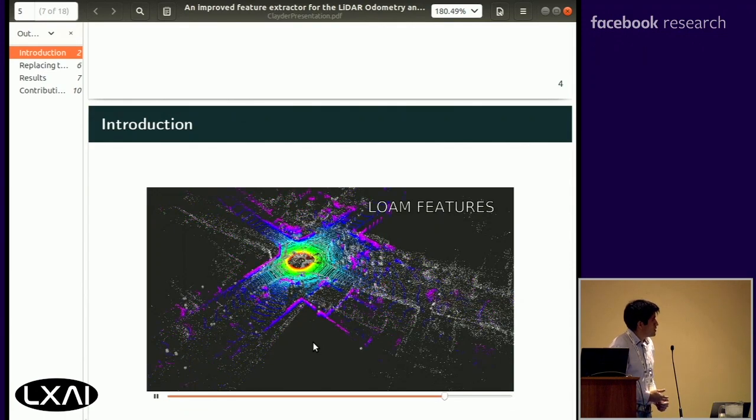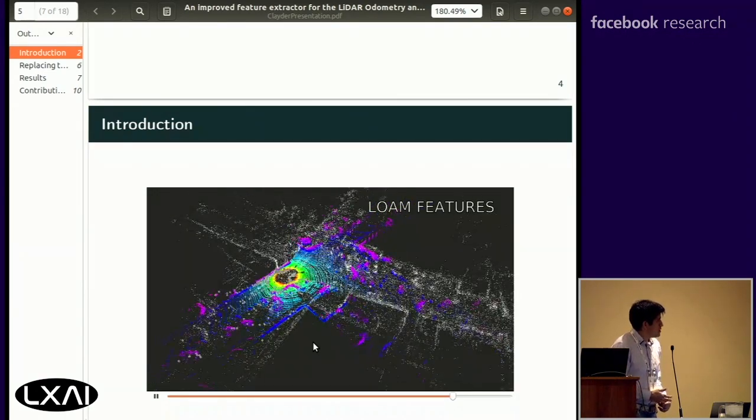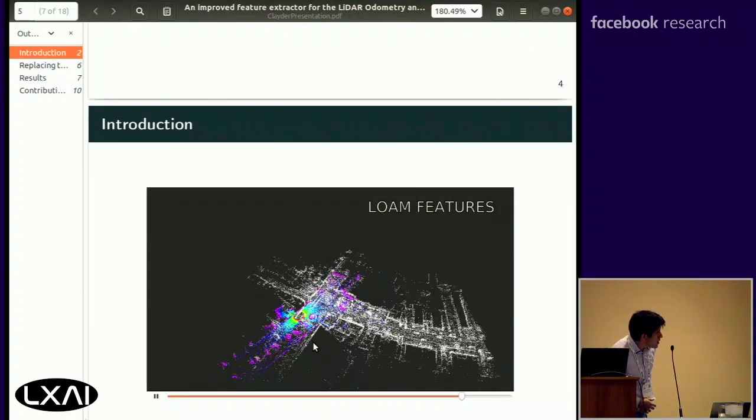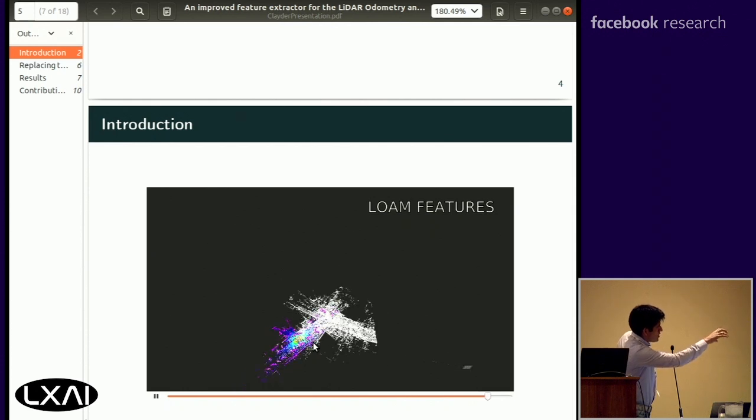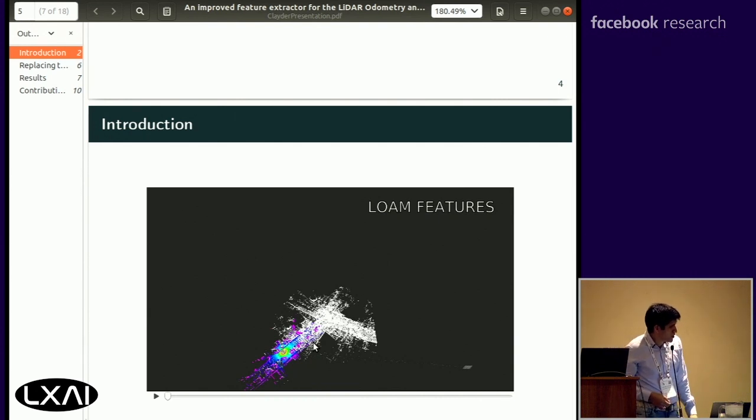This dataset was taken with the Velodyne VLP16 LiDAR, and here the estimated map started to rotate and didn't match the gray points. I mean, the colored points didn't match the gray points. So I noticed here an error with the Velodyne data using the original LOM algorithm.